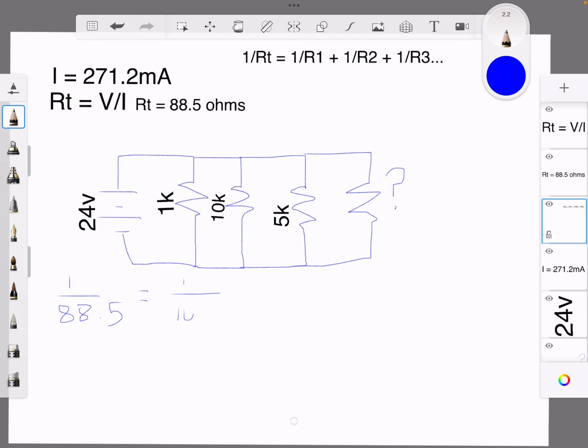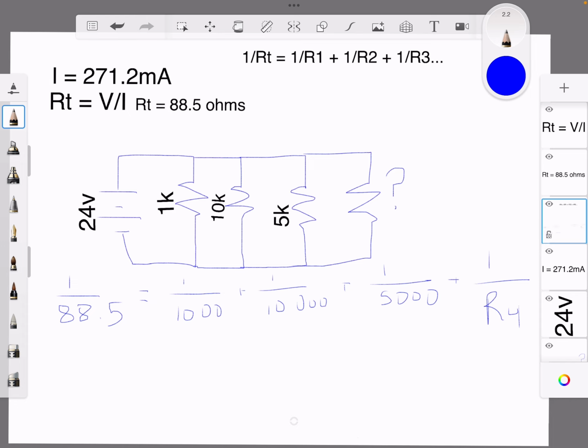So we have 1,000 plus resistor 2, 10,000 plus resistor 3, 5,000. And then this is technically resistor 4. So let's go plus 1 over resistor 4. That is our unknown. We do not know what that is.